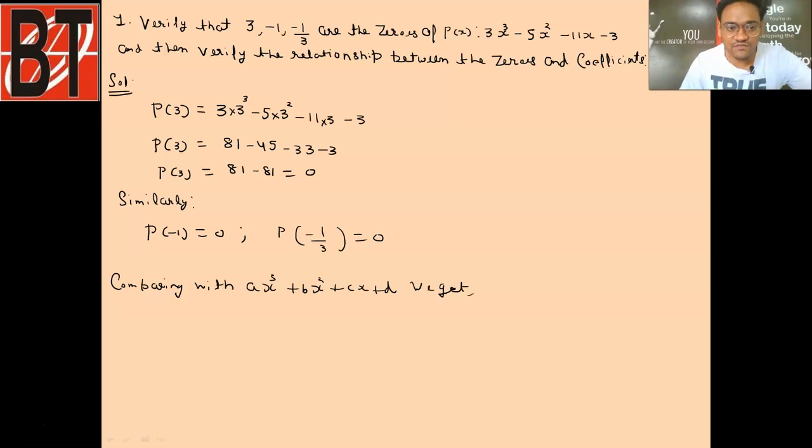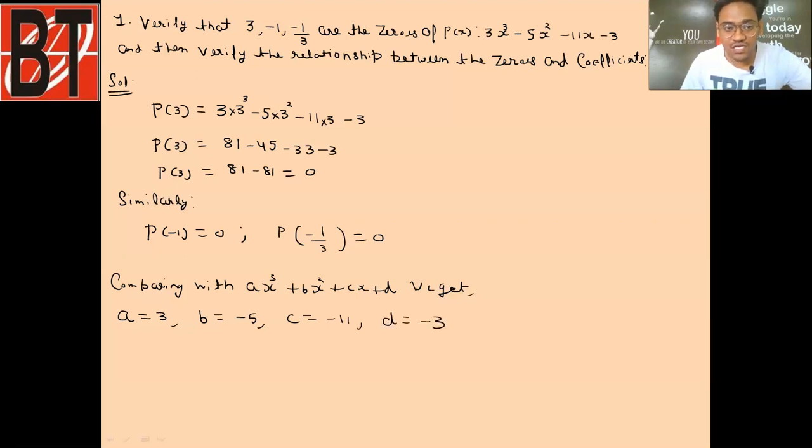Just tell me what is the value of a. The value of a is plus 3. What is the value of b? The coefficient of x square, it is minus 5. What is the value of c? The coefficient of x, it's minus 11. And what is the constant term? That is d, it's minus 3.